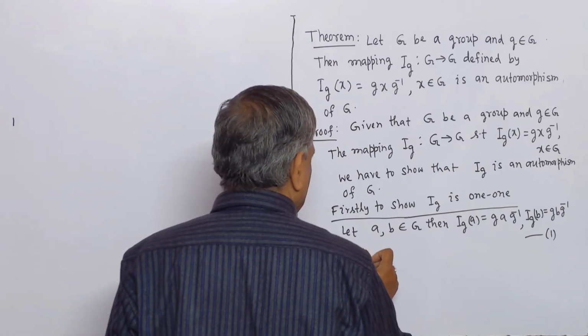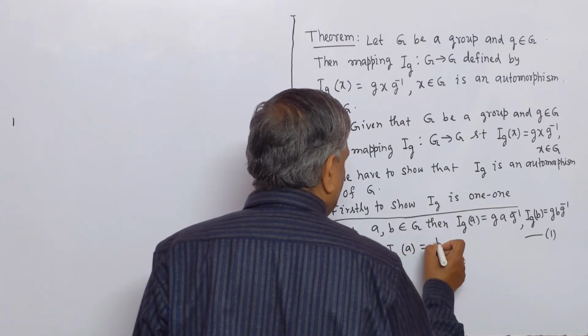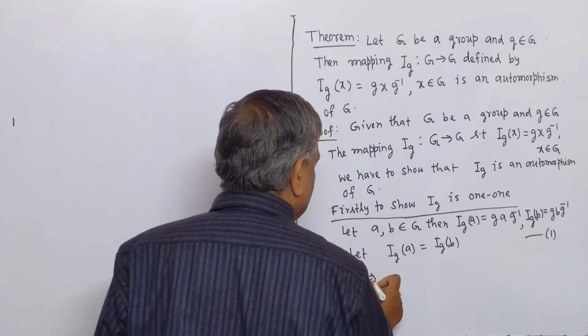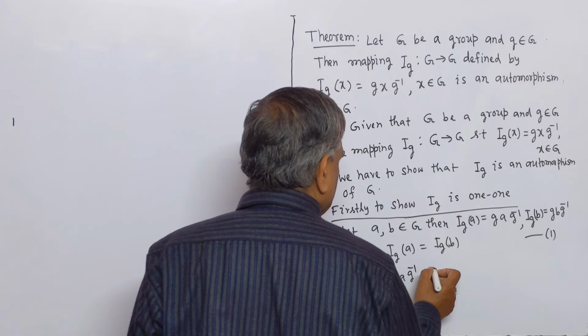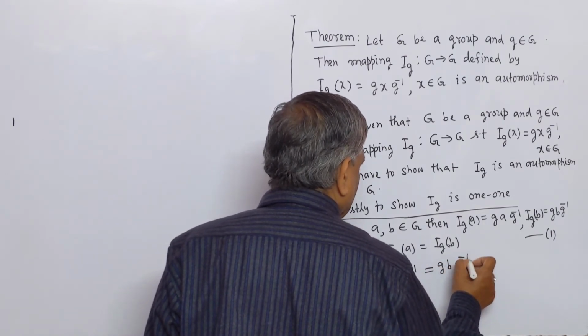Let I_g of A equal to I_g of B, implies that g A g inverse equal to g B g inverse.